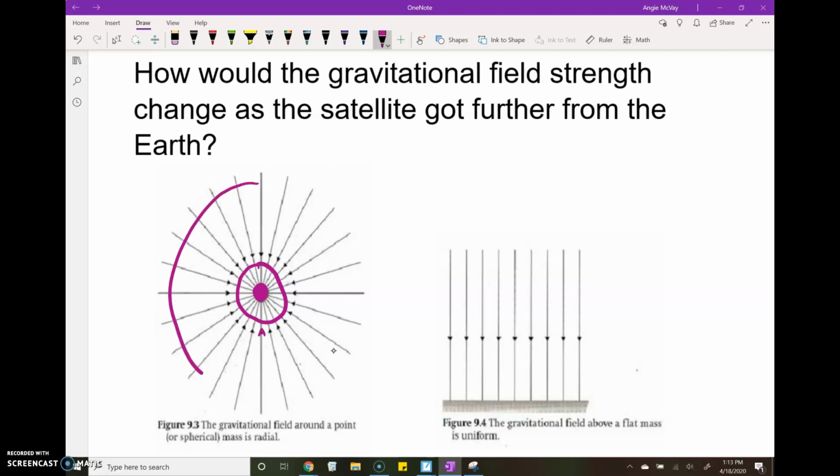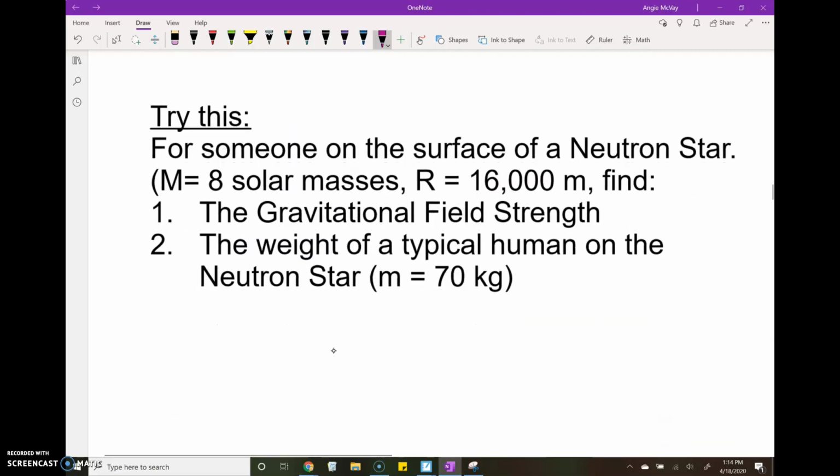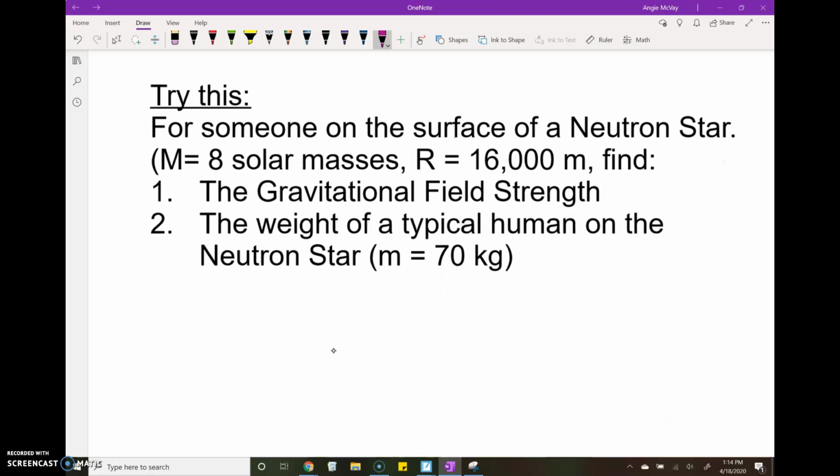Out here, it's the same number of gravitational field lines, but they have a smaller density. They're not as close together, indicating out there an object would feel less force. For our purposes, on the surface of the Earth, the ground appears flat, and so from our perspective, the gravitational field lines are evenly spaced. All right, so try this problem, and I'll see you in a minute.